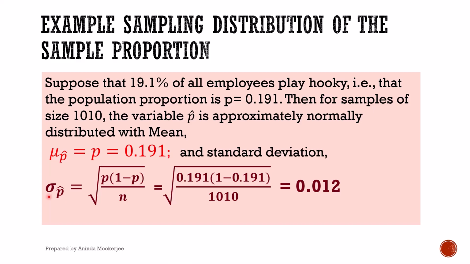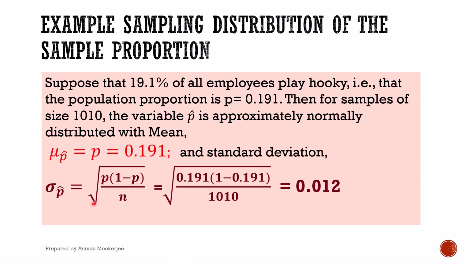As far as the standard deviation of all sample proportions of a particular sample size, in this case 1010, we will have to apply this formula. This formula will be there on the formula sheet. You will have to look it up to do the calculation.